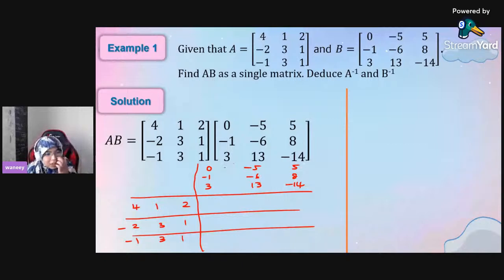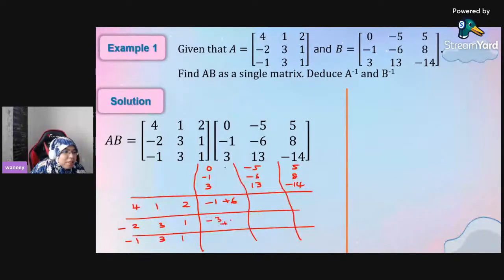Okay, and then basically you should times them in order to fill in the table at the back. So 4 times 0 plus 1 times -1 plus 2 times with 3. So we got -1 plus 6 over here. This one over here is -3 plus with 3. And then you have -3 plus 3 again as well. So over here, -20, -6 plus 26.